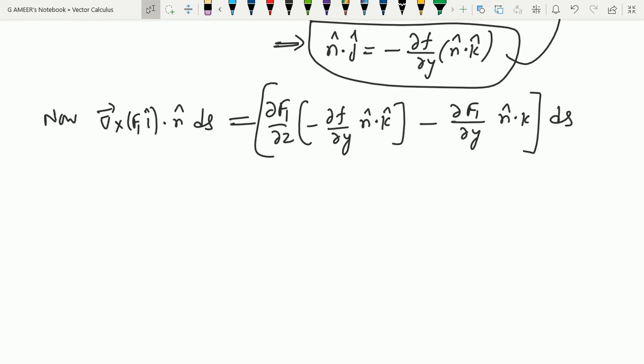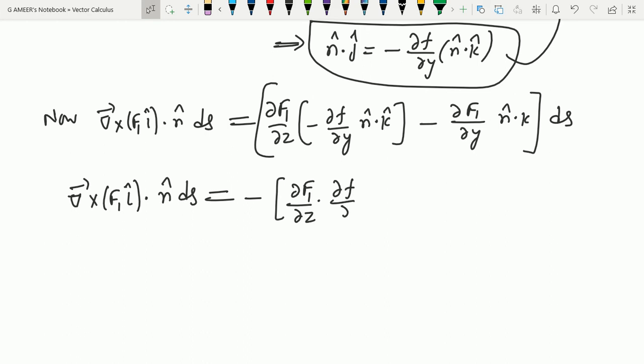Now n dot k is there in both terms, so I can pull it out. Then del cross f1 i dot n cap ds will be equal to minus, dou f1 by dou z dou f by dou y plus dou f1 by dou y, into n dot k ds.